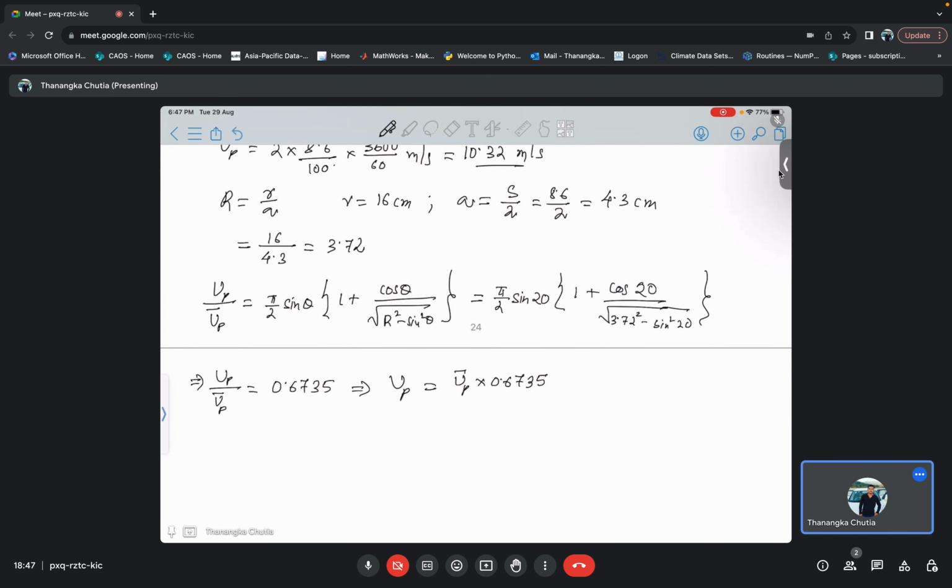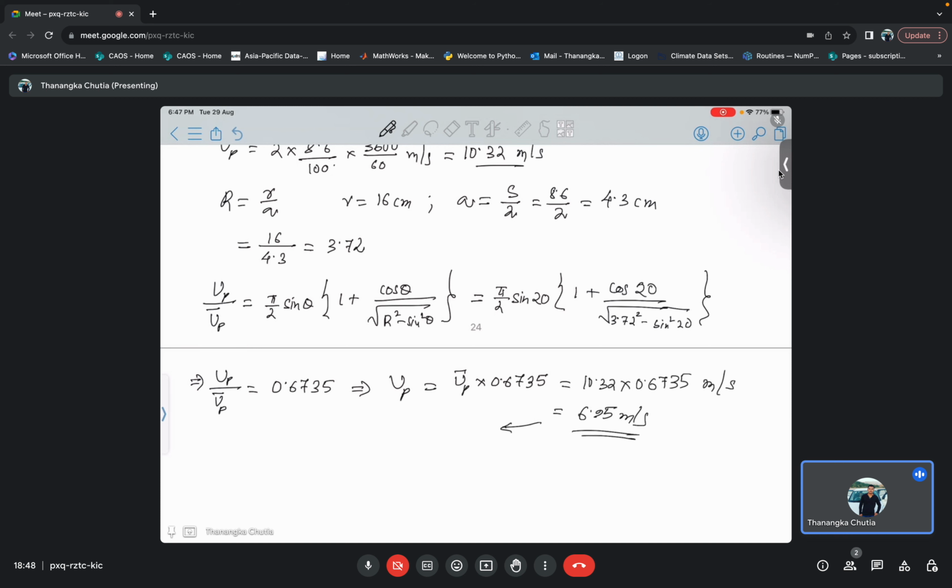From here, up is equal to up bar into 0.6735. What is up bar? 10.32 into 0.6735 meter per second. This will be equal to 6.95 meters per second. What is this?